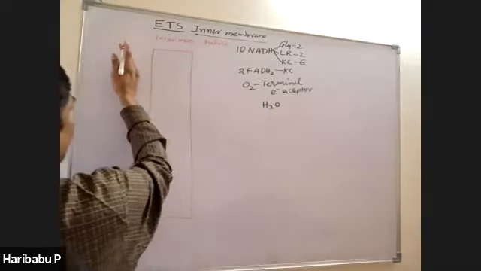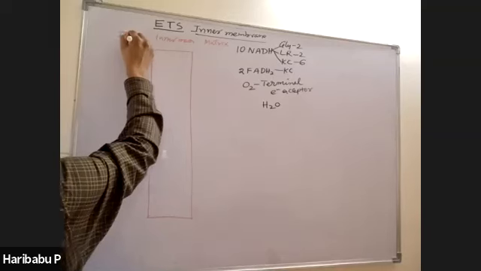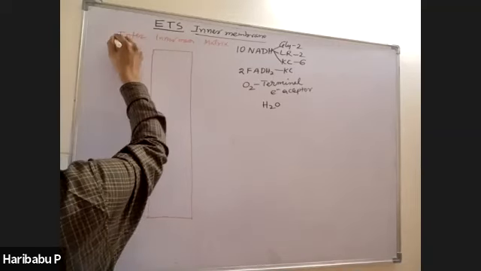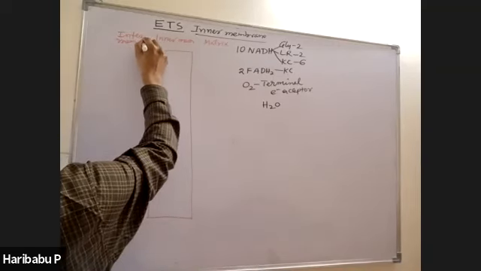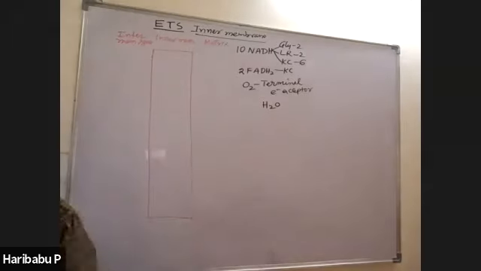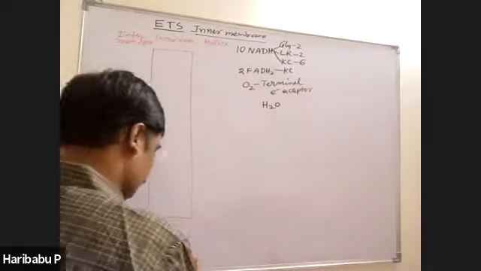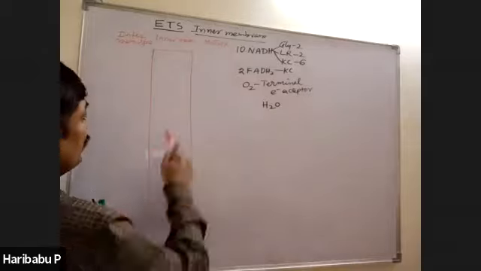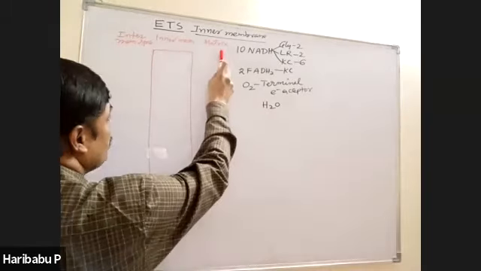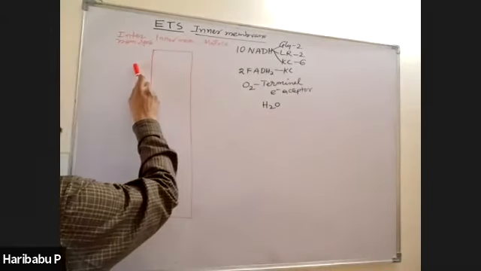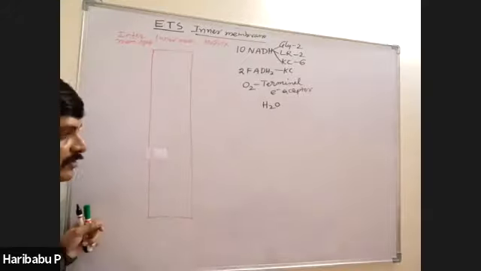Outer to the inner membrane, there is the intermembrane space, also called the perimitochondrial space.